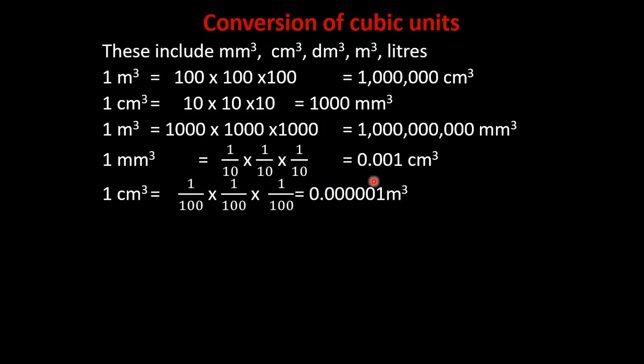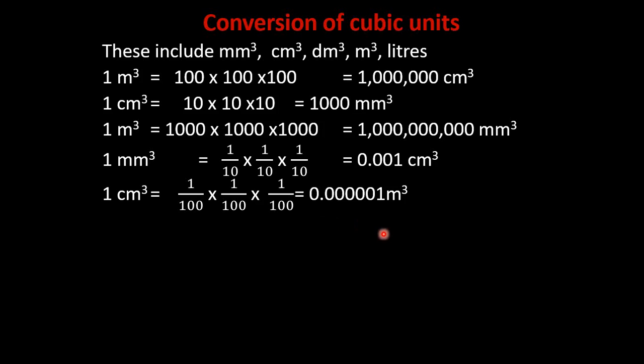Also, 1 cubic centimeter is equivalent to 1 over 100 meters times 1 over 100 meters times 1 over 100 meters, which is equivalent to 1 over 1 million cubic meters, which is the same as 0.000001 meters cubed. You can always put this in standard form, which would be 1 times 10 to the power negative 6, but I don't want to go into that because that's another topic altogether.